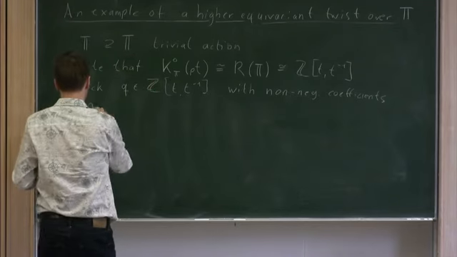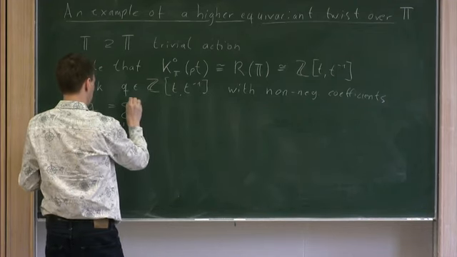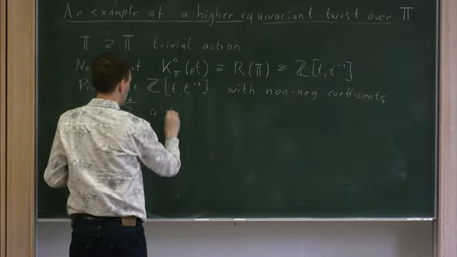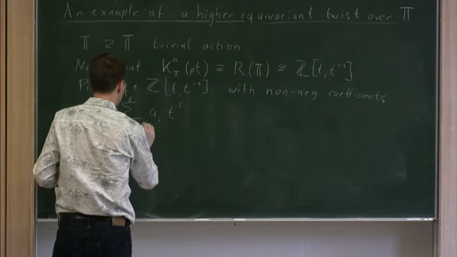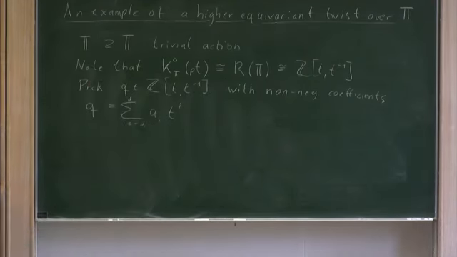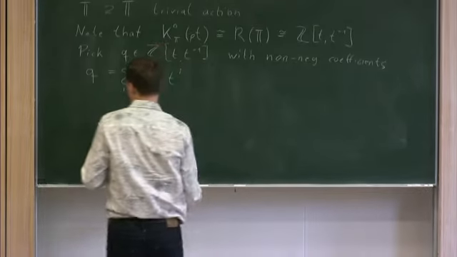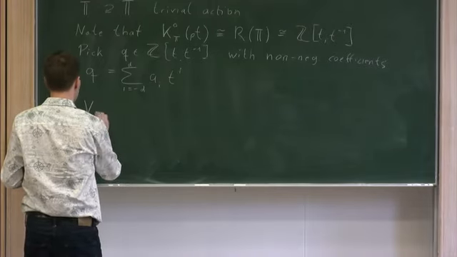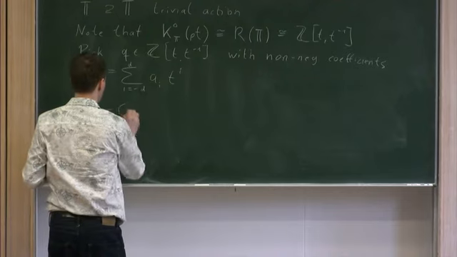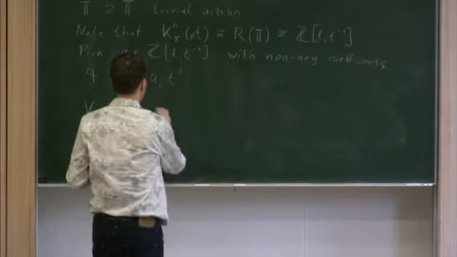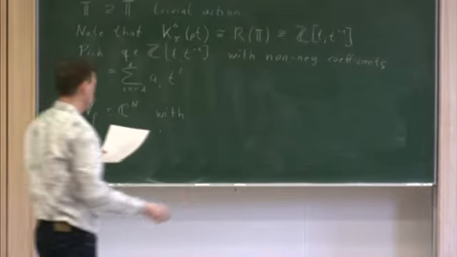So I need it to have non-negative coefficients. For example, Q could, I just need to give the coefficients some names, Q could look like this. And as I said, I chose these non-negative coefficients because now I have a representation on C to the n which realizes this polynomial.